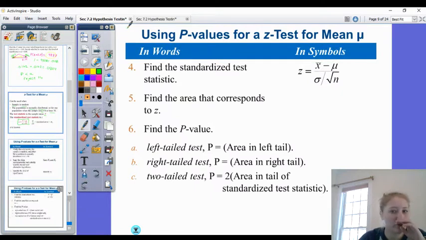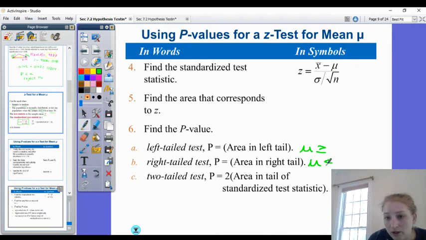And then you're going to find the corresponding z-score that goes with that test statistic, find your area, and then find the p-value. So remember, a left-tailed test is when your null is greater than or equal to whatever value you have.